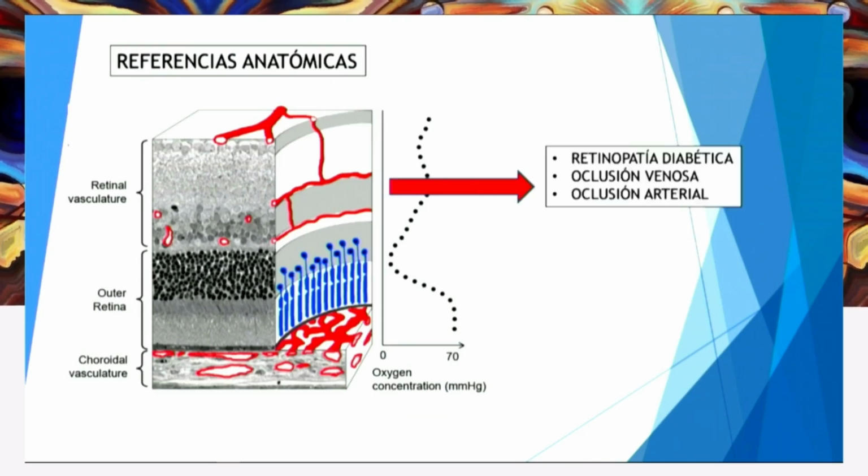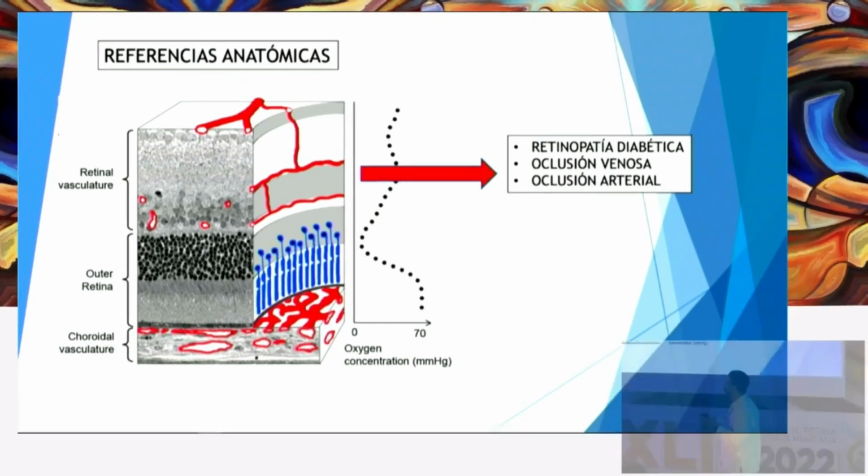Let's talk about the indications for our patients who will undergo an angio-OCT. We saw the superficial and deep plexus. If we want to see a disturbance at this level, then we think that the patient may have diabetic retinopathy, venous occlusion, or arterial occlusion.